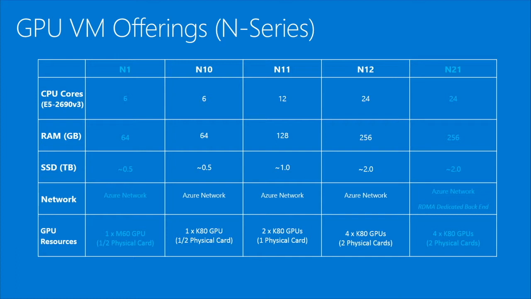We use NVIDIA's K80 card as our building block, and we offer 1 K80 GPU, which is half a card, or a full card, which is 2 K80 GPUs, or 4, which is 2 cards. We feel this is really exciting because it gives our users lots of flexibility in what size and scale of workloads they want to spin up from a compute point of view.